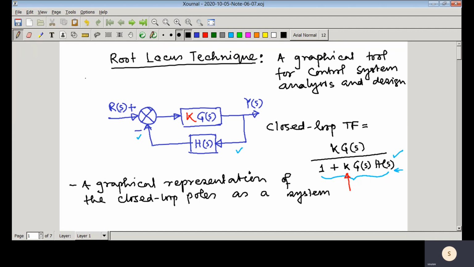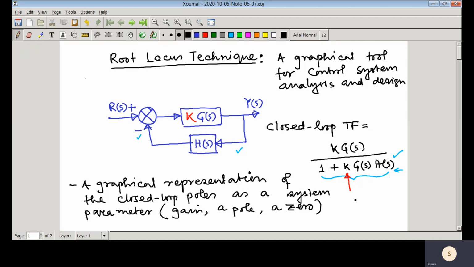That we will be discussing later. So it comprises the forward path gain, or a pole, or a zero.